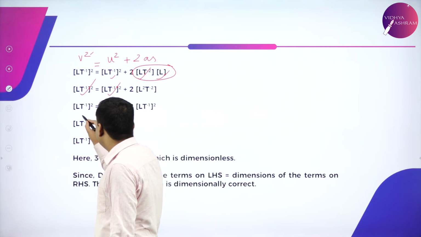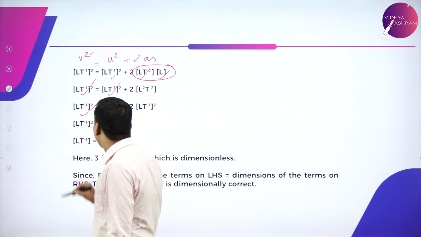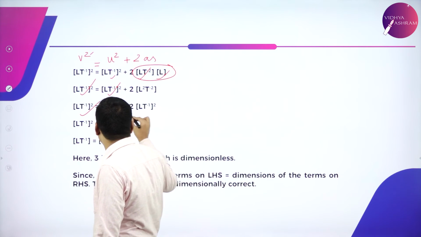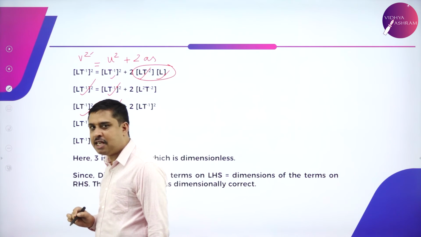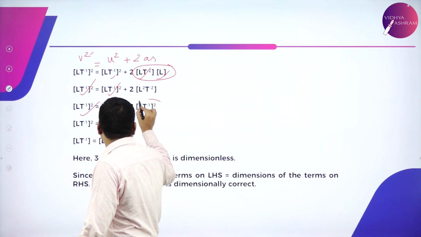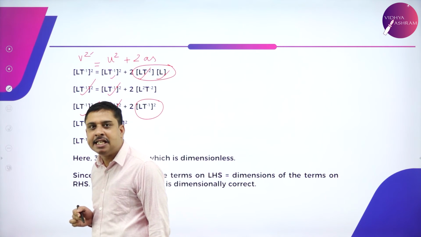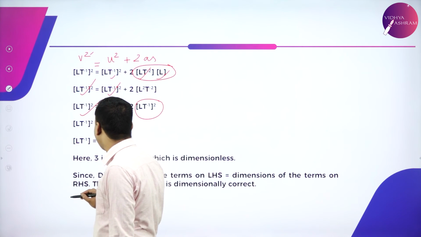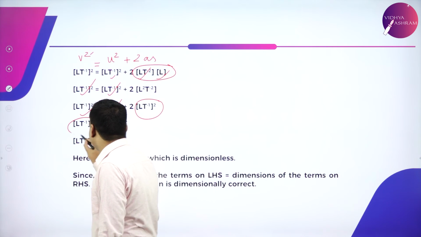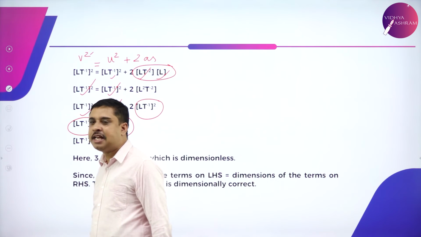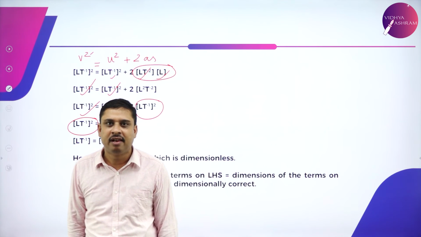L into L is L square, T minus 2. Now, LT minus 1 whole square plus 2, taking the power 2 common, LT minus 1 whole square, 2 plus 1, 3, LT minus 1 whole square.